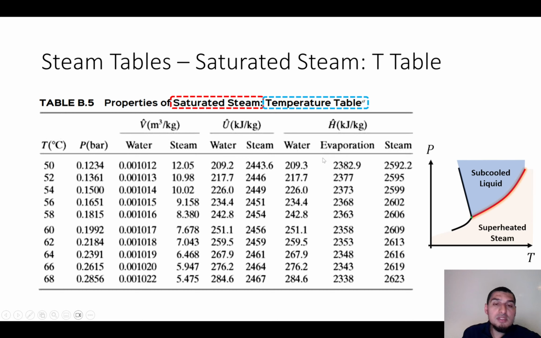This column represents the latent heat of vaporization, which is the difference between the enthalpy of saturated steam and saturated liquid. If you get the difference between these two, it's going to be the evaporation. Or you add the latent heat of vaporization to the enthalpy of saturated liquid, it gives us the enthalpy of saturated vapor. So this is what we can get from the temperature table.